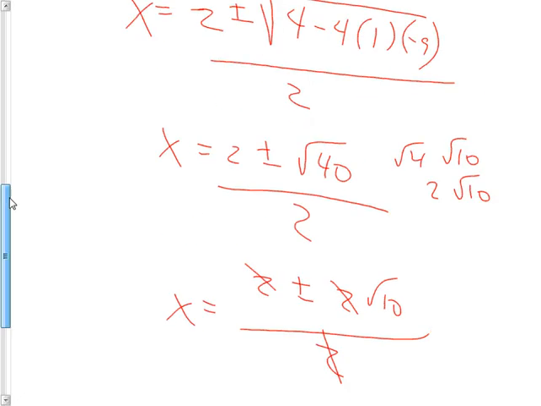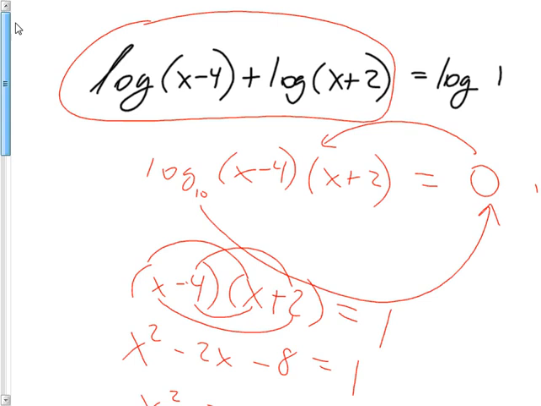If I look at my original problem, can I have a negative number right there? Nope. Because if I have a negative number like negative anything, like negative 2 or whatever, it's going to come out to an argument that's negative. Log of a negative number is not possible. So the negative one gets thrown out.